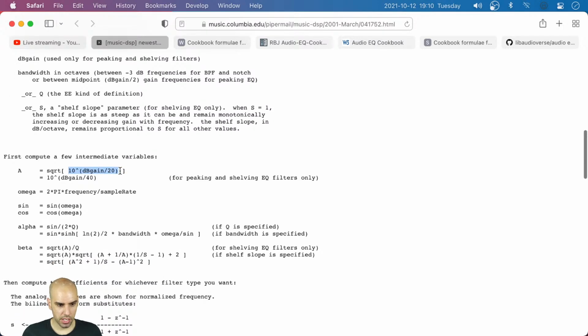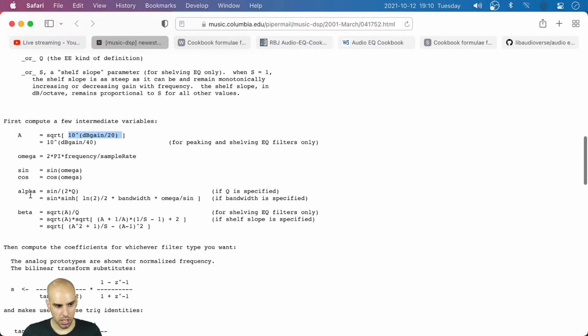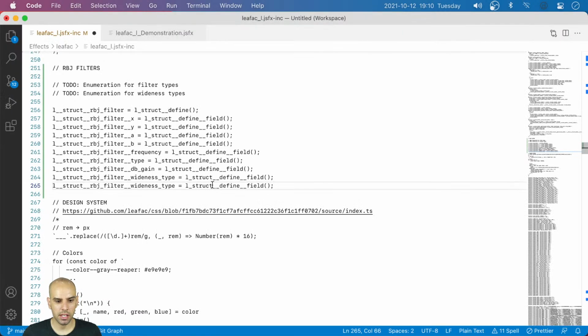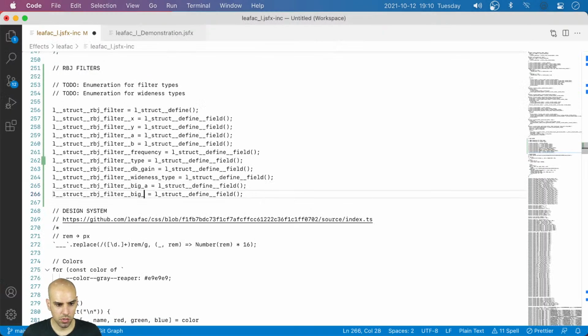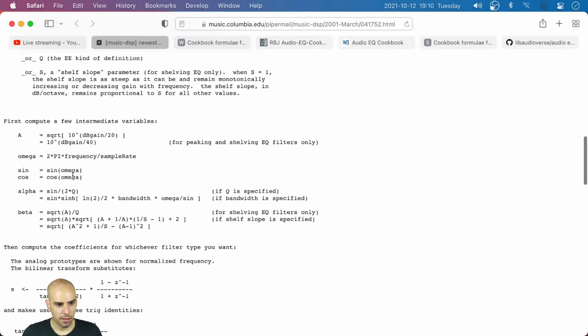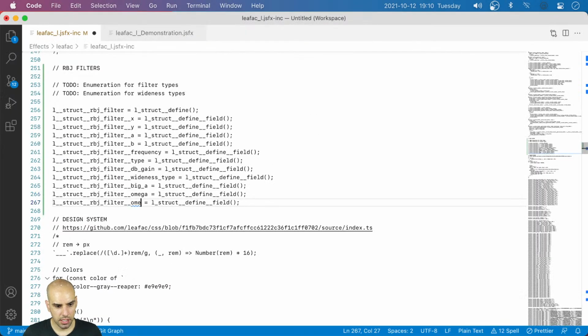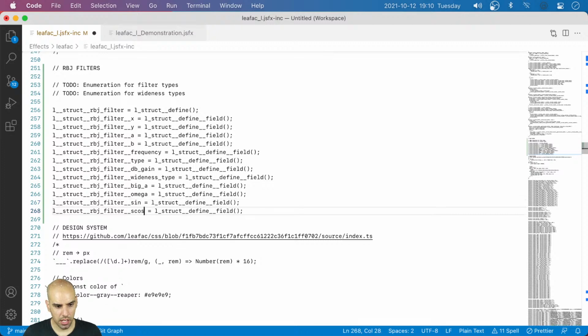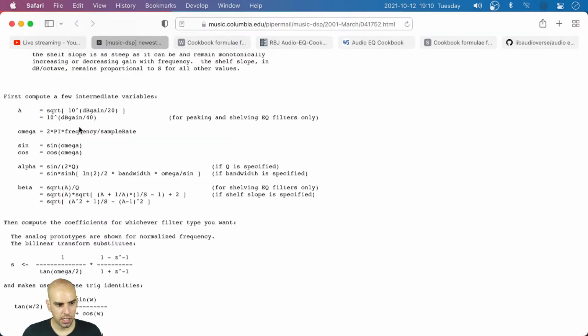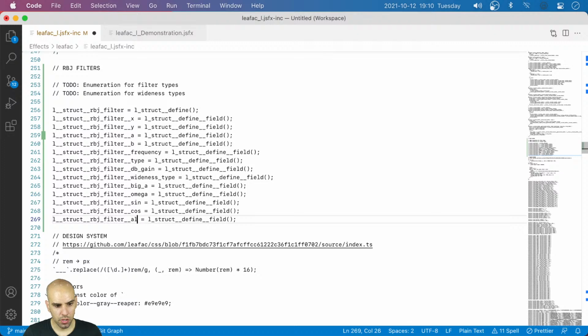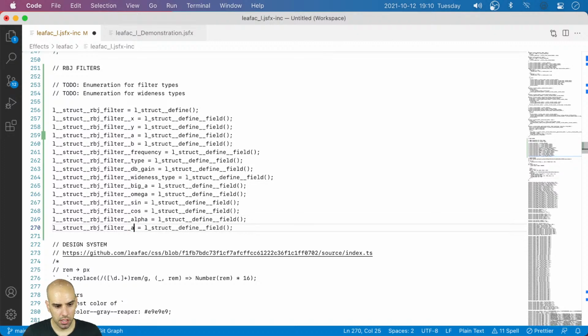This is amplitude, and then it's the square root of that. And we already have alpha as well, so that's not gonna fly. Maybe I'll call this like big A. It's not a good variable name. We may want to rethink this, but then we also have omega, and then sin and cos for sine and cosine, and then alpha and beta.